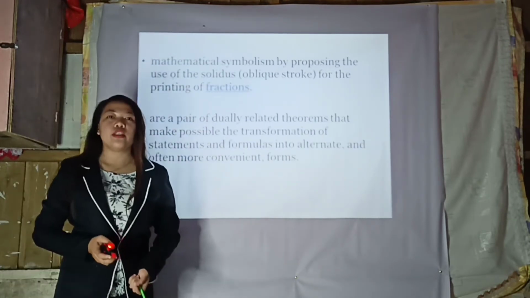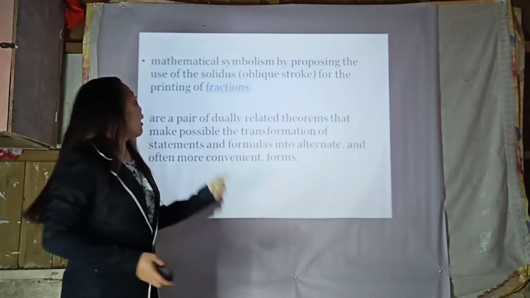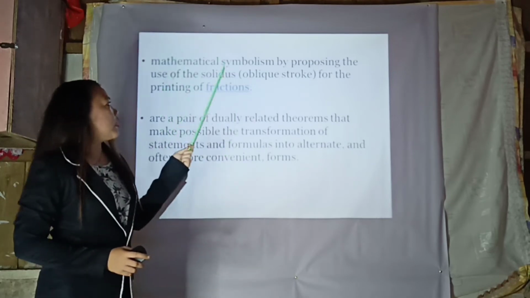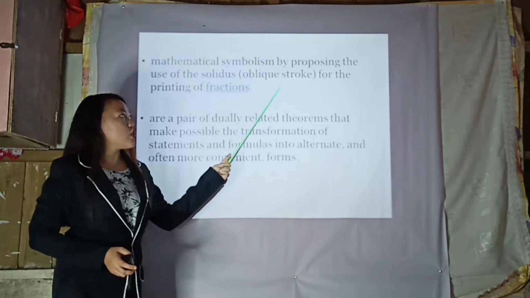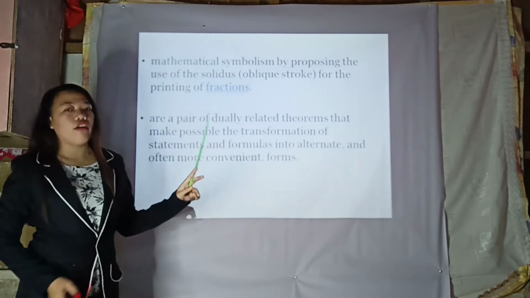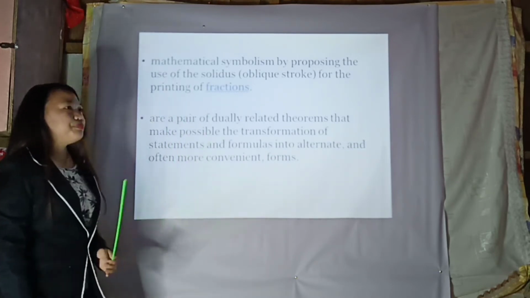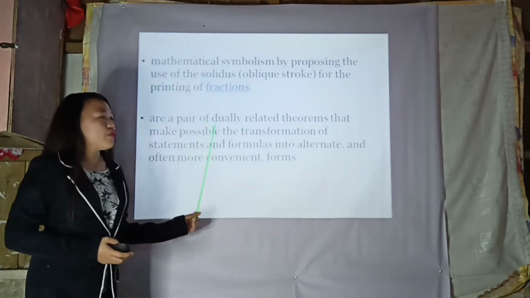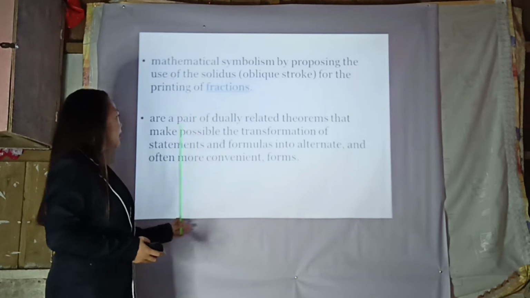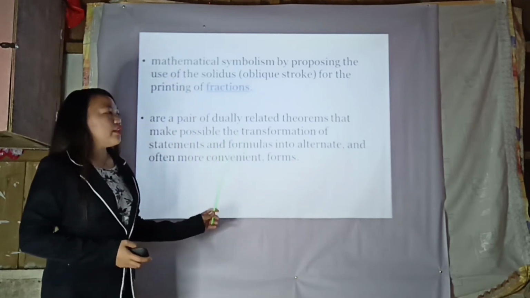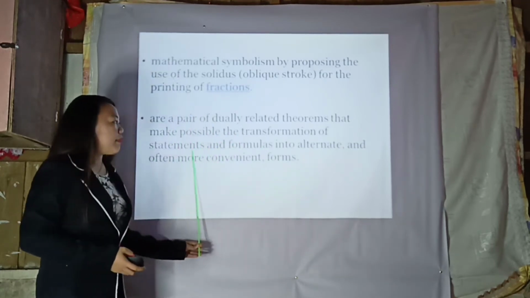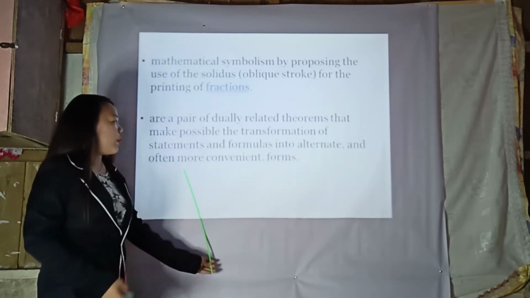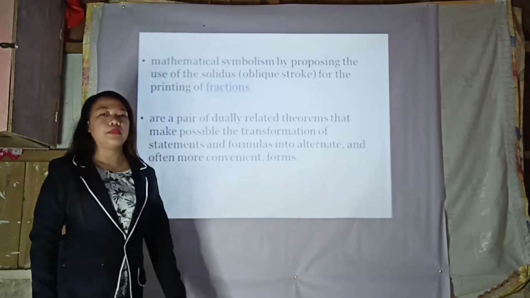He also made a useful mathematical symbolism by proposing the use of the solidus or oblique stroke for the printing of fractions. The laws that bear his name are a pair of dually related theorems that make possible the transformation of statements and formulas into alternate and often more convenient forms.